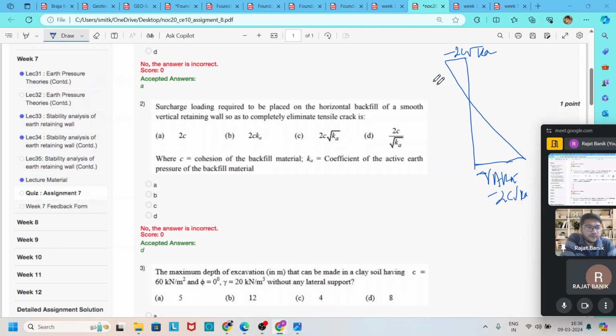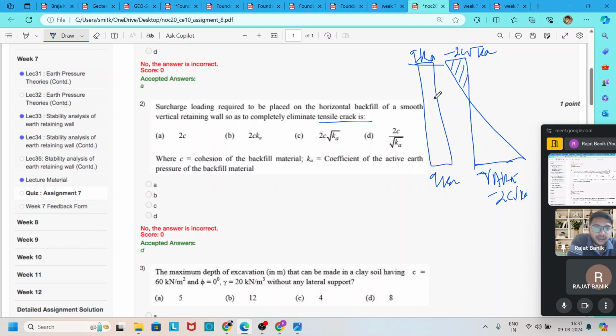If you apply a surcharge Q here, the surcharge pressure becomes constant throughout the height, Q into Ka. So what is the value of this surcharge to completely eliminate this tension crack?